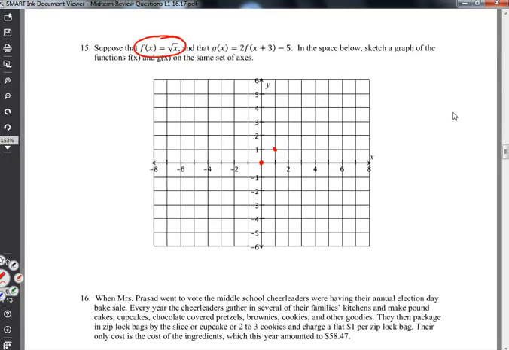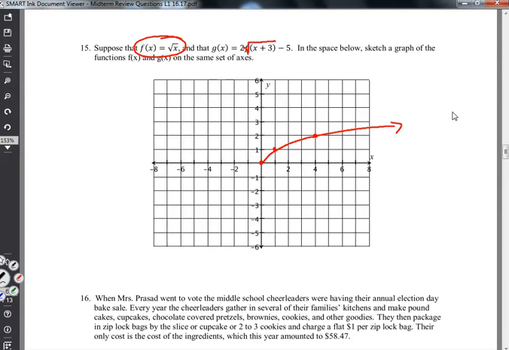If I input 4, right, square root of 4 is 2. And that's it for now. So I'm going to just draw it like this. It will look about that. Now all this is saying is take the f and put the square root in there.